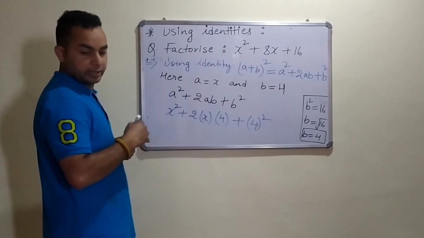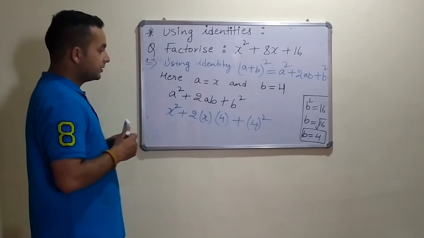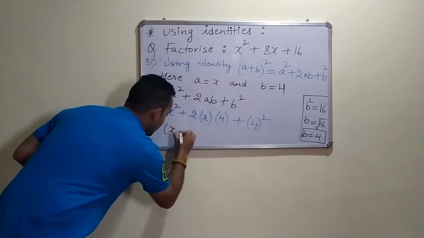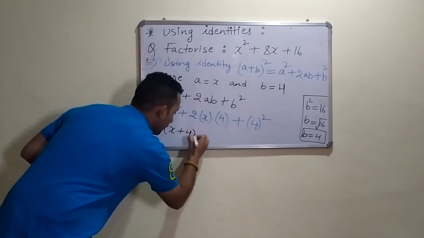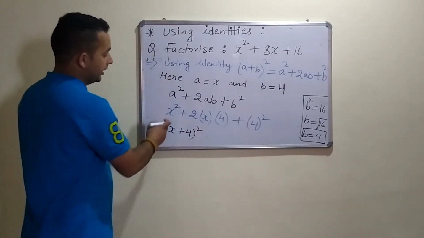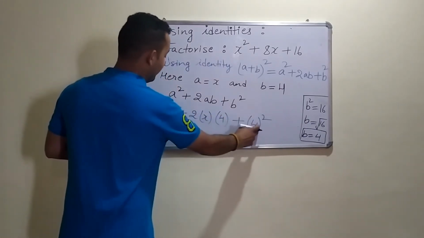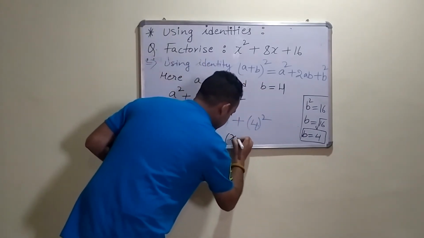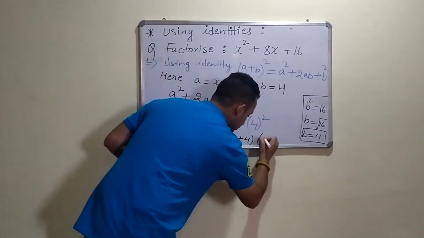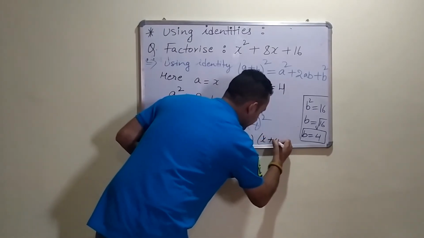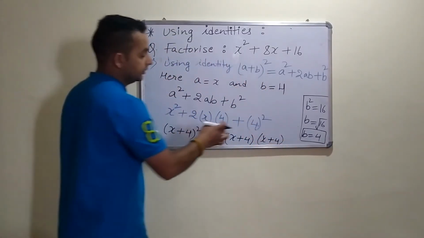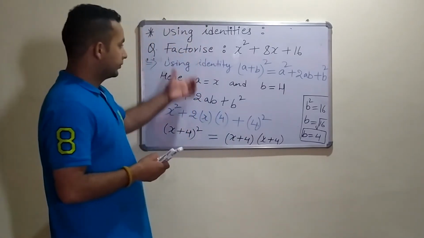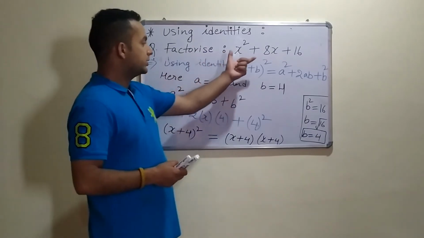You can express this in the form of x plus 4 whole square, which is like the first identity. Here the answer is x plus 4 and x plus 4.